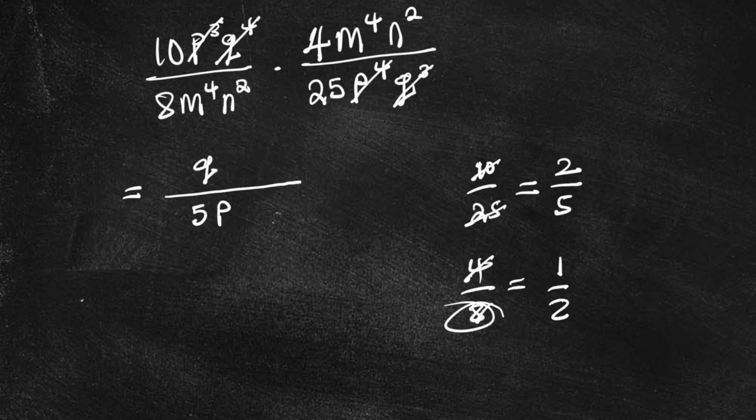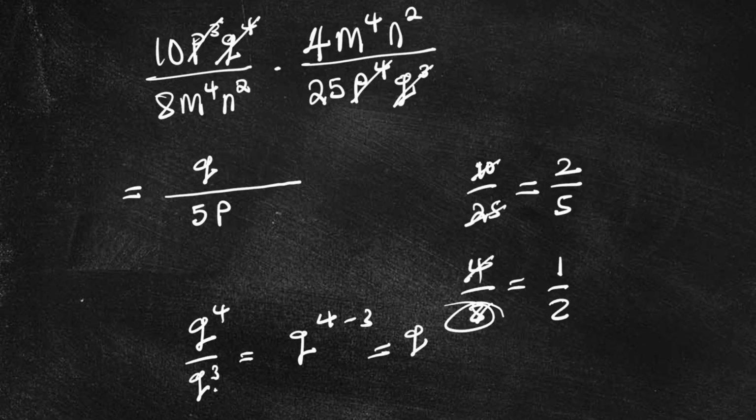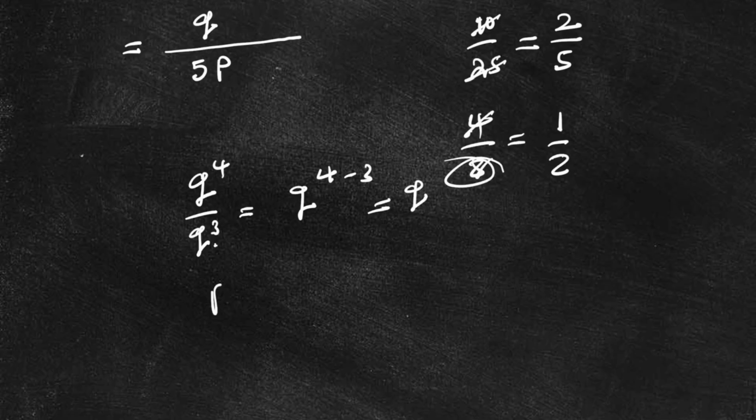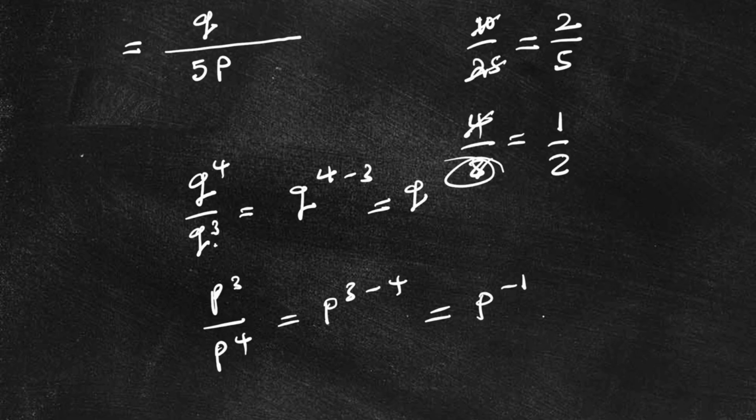So I write q to the power 4 divided by q to the power 3. This is just the same as q. Remember, same bases, we subtract the powers. But the previous one was p to the power 3 divided by p to the power 4. This is 3 minus 4, which is p to the power negative 1, and negative 1 is 1 over p. That is why the p went into the denominator.